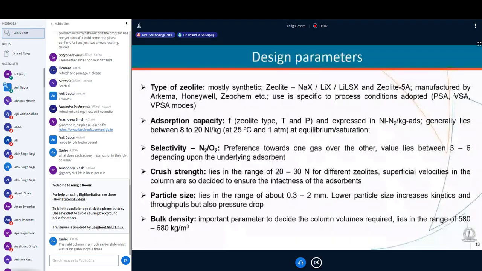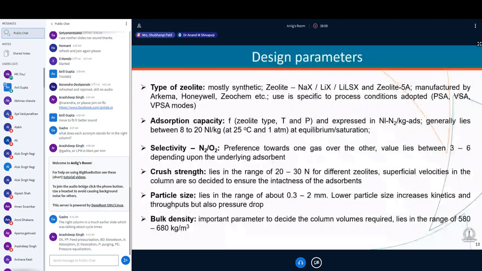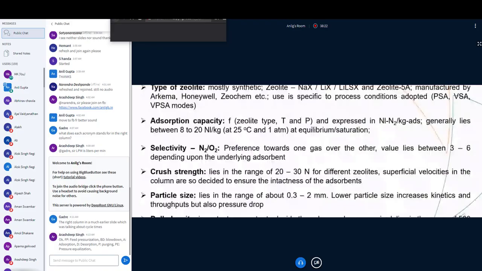As we all know, the smaller the particle size, the better it is in terms of surface area and absorption, but the drawback will be the pressure drop, which could be substantial across the length of the bed. And similarly, the higher the bulk density, of course, we'll have smaller bed volumes, and vice versa. So these are some of the typical design parameters that need to be accounted for. Next slide, please.